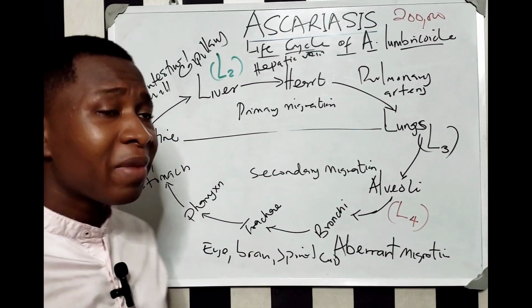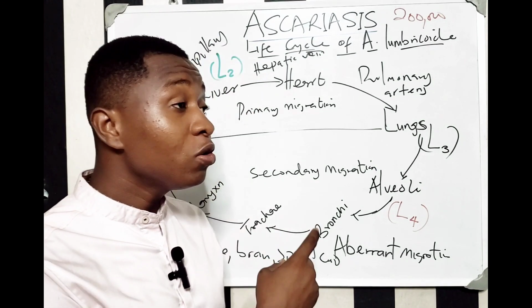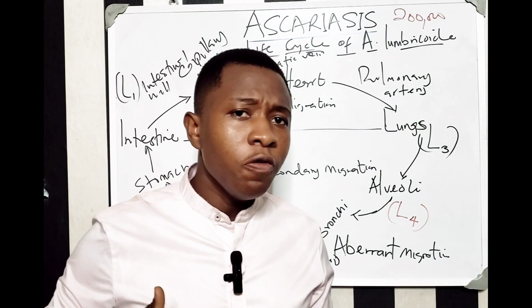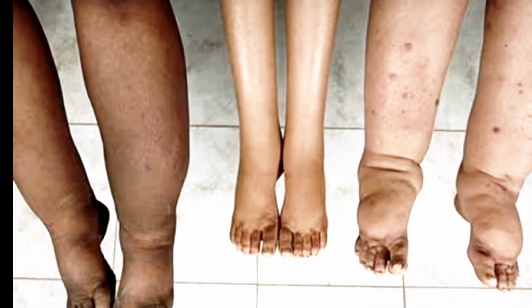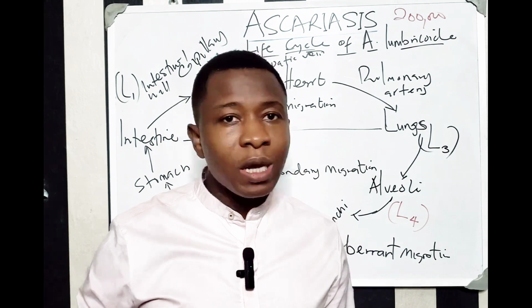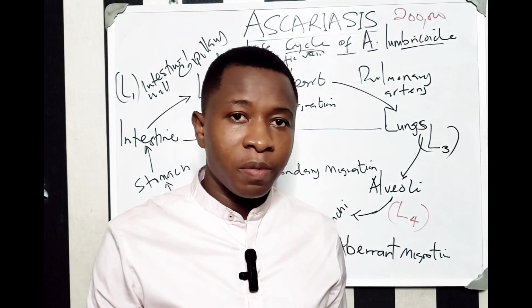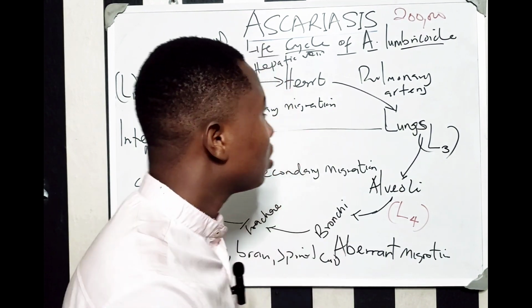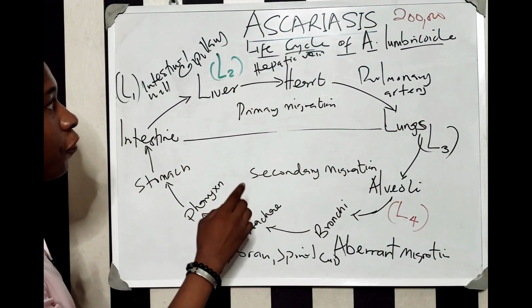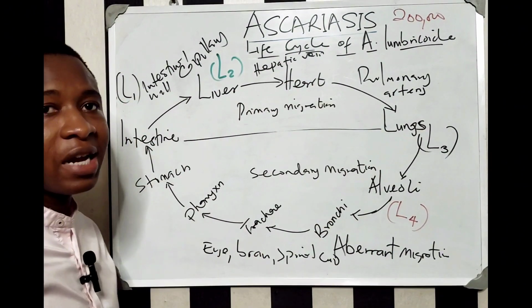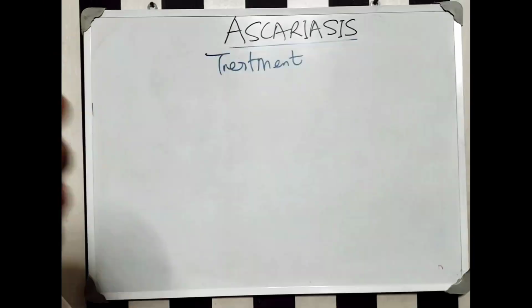Now, there are other types of migration where the adult of this worm can move into the lymphatic vessel and block the lymph, thereby leading to an enlargement of maybe the legs, the joints, and other affected parts of the body. Okay, so this is just the entire summary of the life cycle of Ascaris lumbricoides.